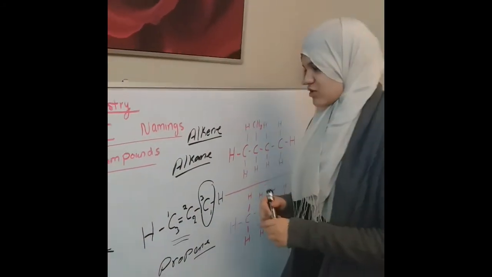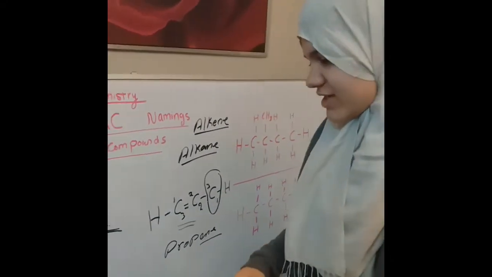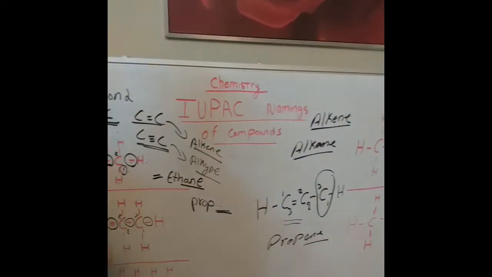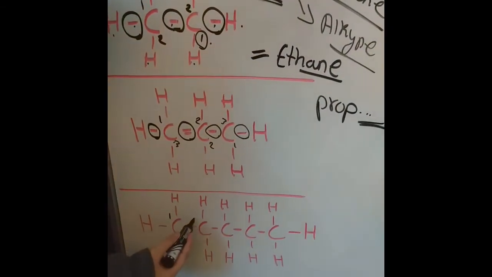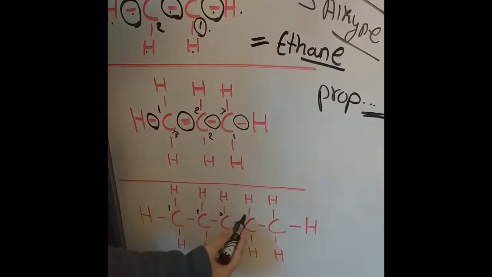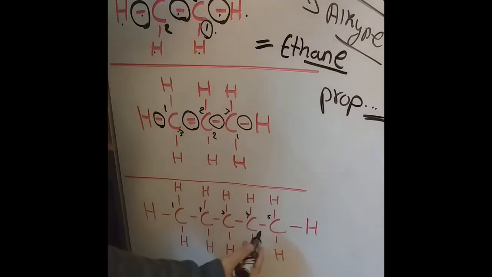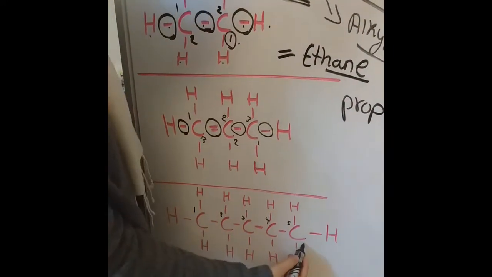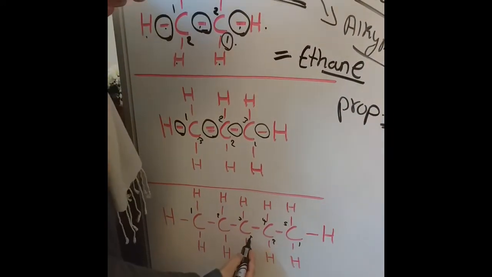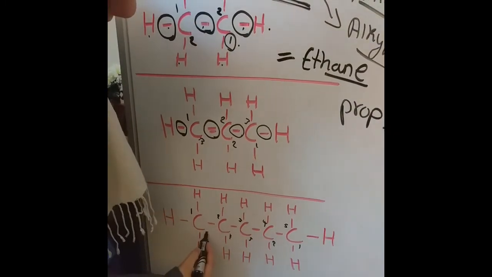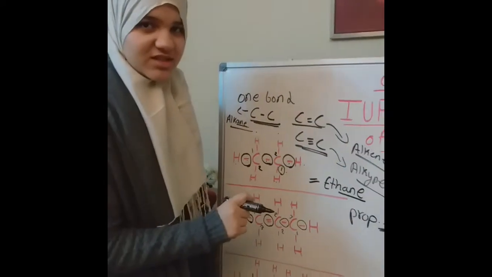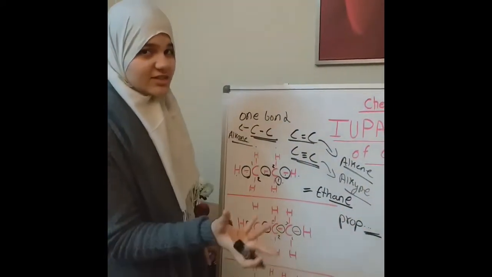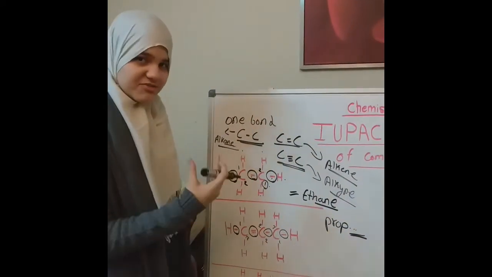Okay, so let us go for the third example, which is 1, 2, 3, 4, 5, and also in backward 1, 2, 3, 4, and 5. So that means we have 5 carbons. What is the prefix for 5?